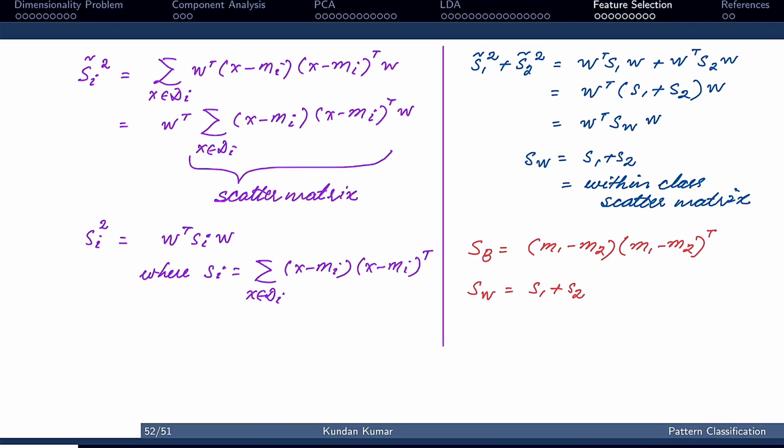Okay, here (m1 tilde minus m2 tilde) square is W transpose SB W and S1 tilde square plus S2 tilde square is W transpose SW W, where SB is the between class scatter matrix and SW is the within class scatter matrix.